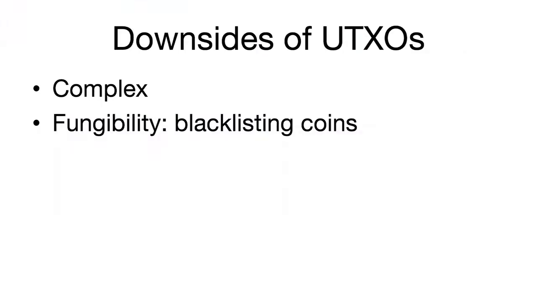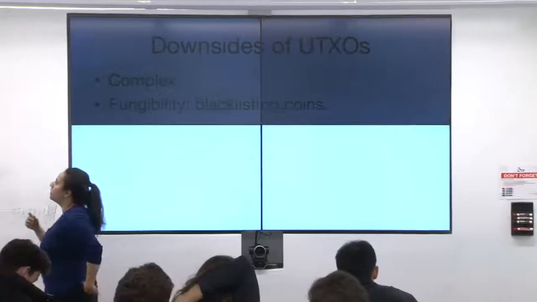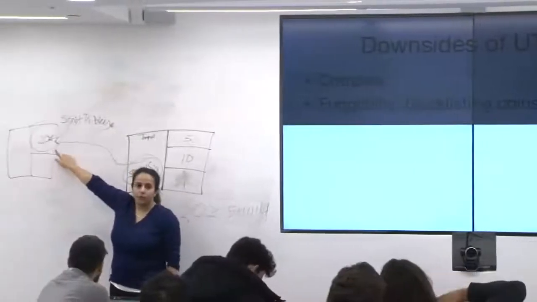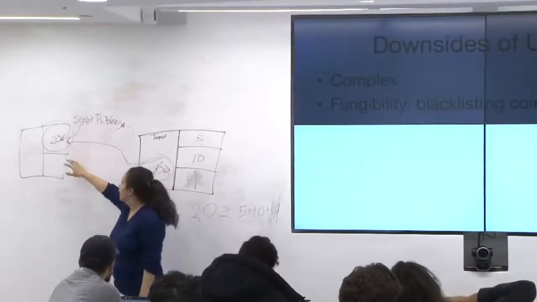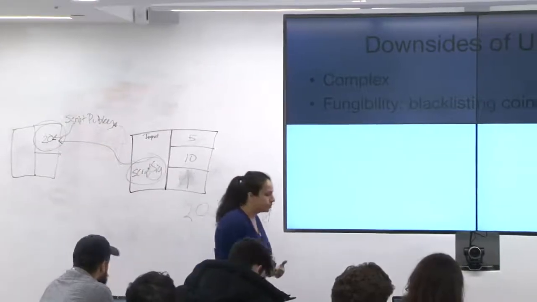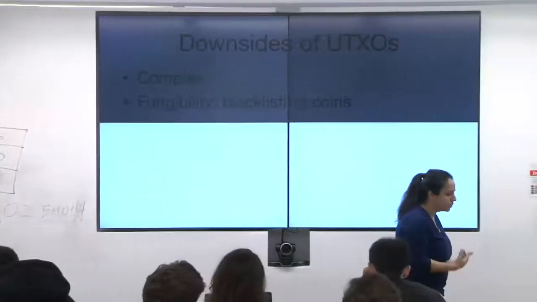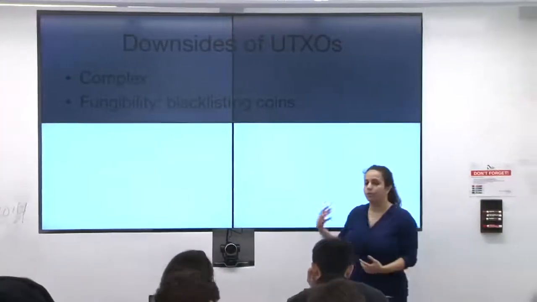Another problem is around fungibility. So this is why I say that Bitcoin's not fungible, because of these outputs and the fact that you have to point back to the output that you're going to spend, which ends up creating what's called a transaction graph. So you can sort of see how things are chained together, and you can actually discern quite a bit of information about what's going on in the network.